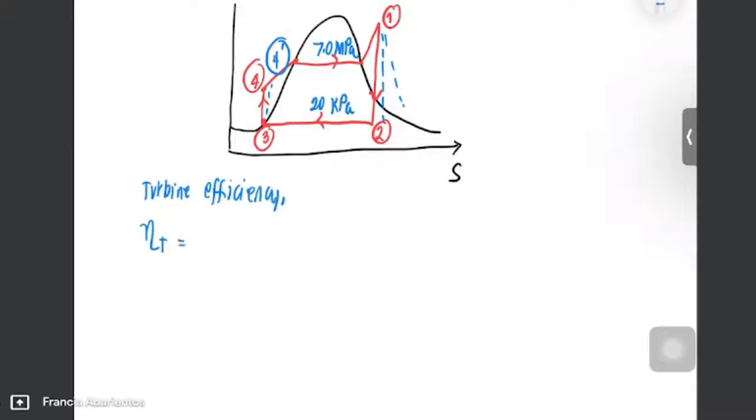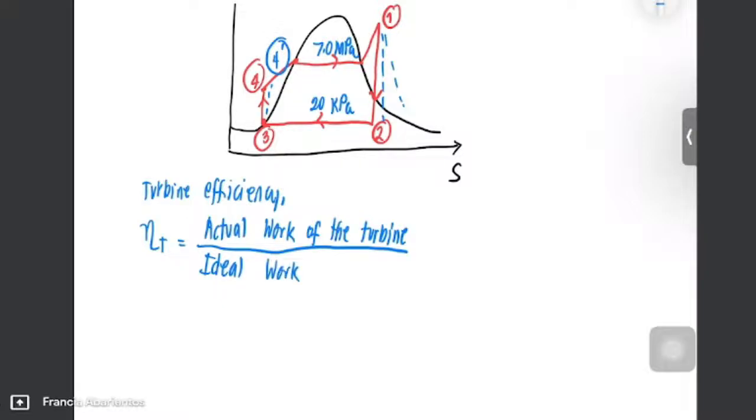Okay, so sa turbine efficiency, that is the actual work of the turbine over the ideal work of the turbine.